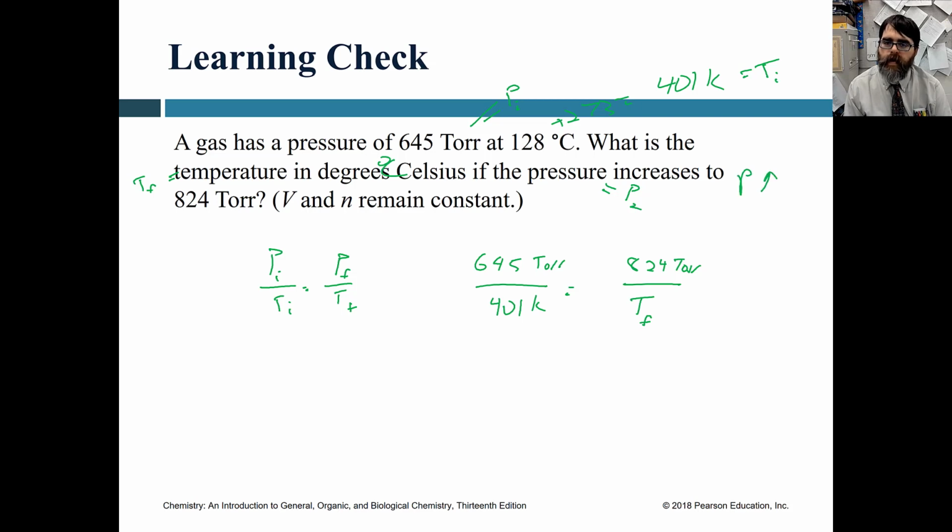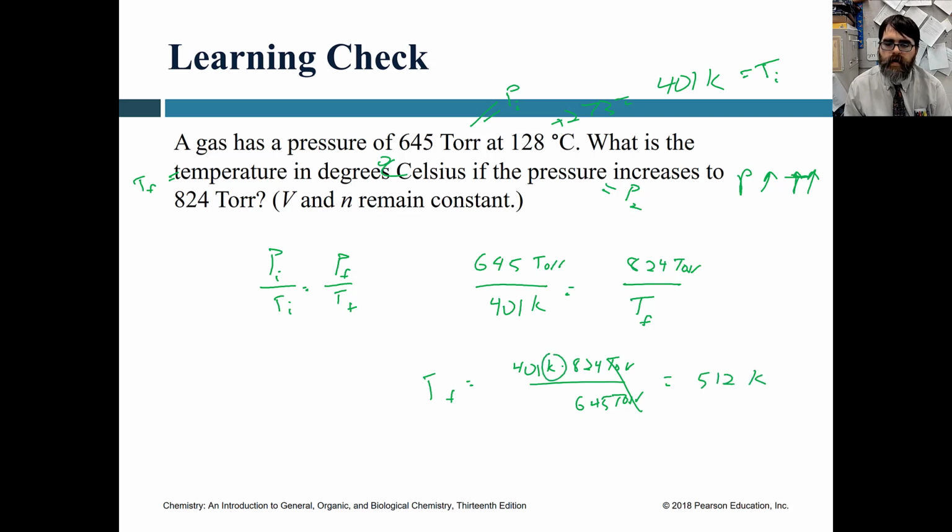And since the pressure went up, I'm going to expect the temperature to go up on this one. And so then temperature final is equal to 401 Kelvin times 824 torr over 645 torr. And that is going to give me 512 Kelvin.